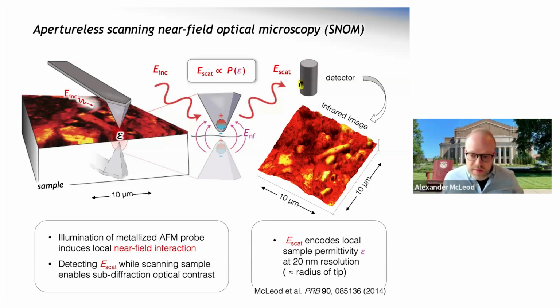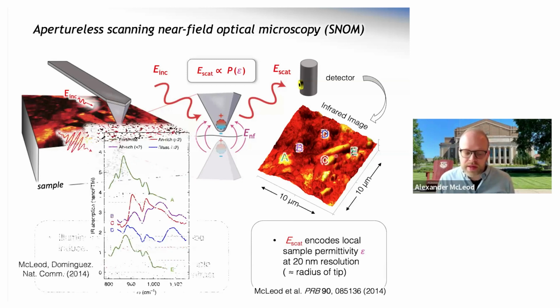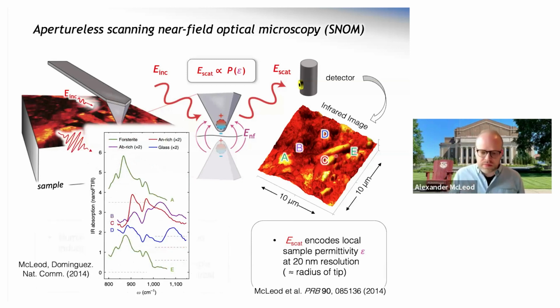And the reason why I say that is because we're illuminating here with infrared light, and infrared light can excite different vibrational modes of different chemical compounds. So in this particular example, if we measure how bright these regions are in the near field as a function of laser energy, and that's down here on the x-axis, we can scan the laser energy, and we see at some energies, this little region A will be bright, and at some other energies, this region D will be bright.